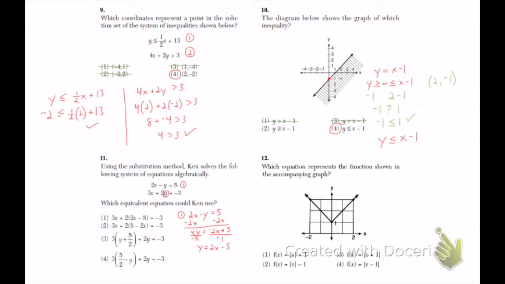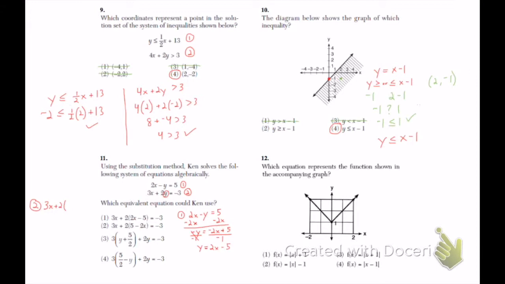So now that we have y equal to something, let's do what Ken was doing and substitute in the bottom equation. So I'll name the bottom equation 2. He substituted in that y. So we have 3x plus 2, and now we're going to substitute in that y.